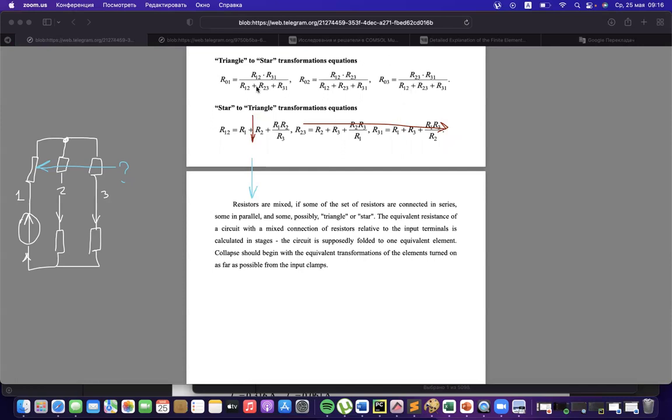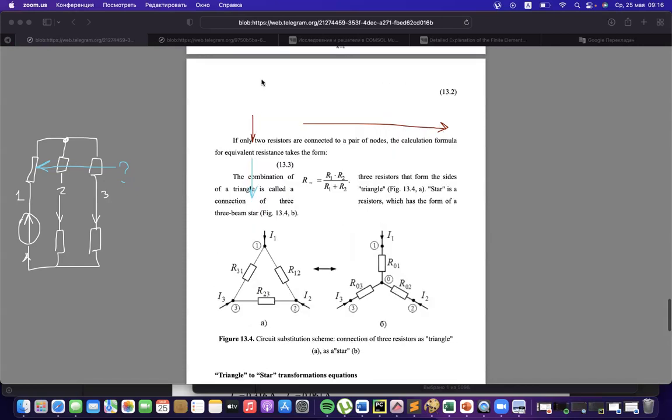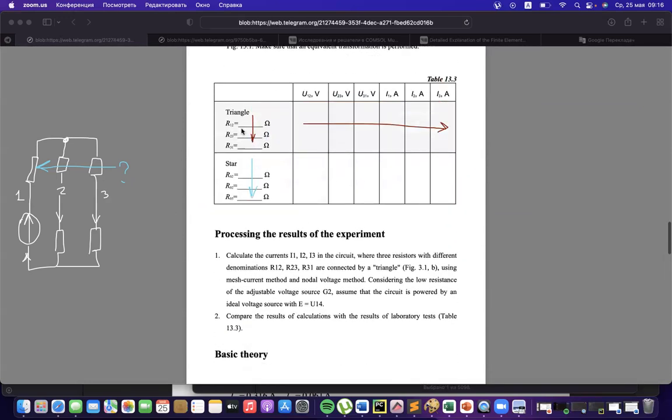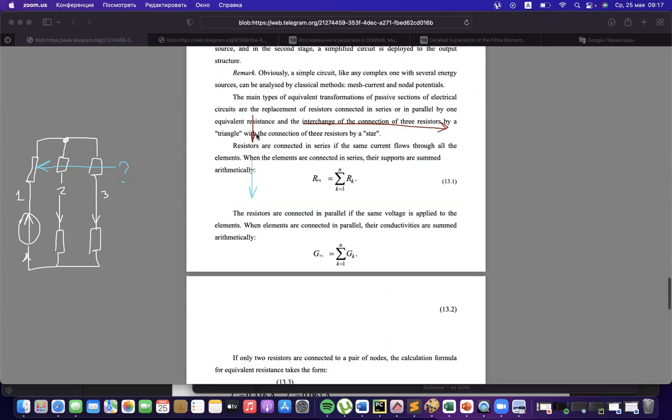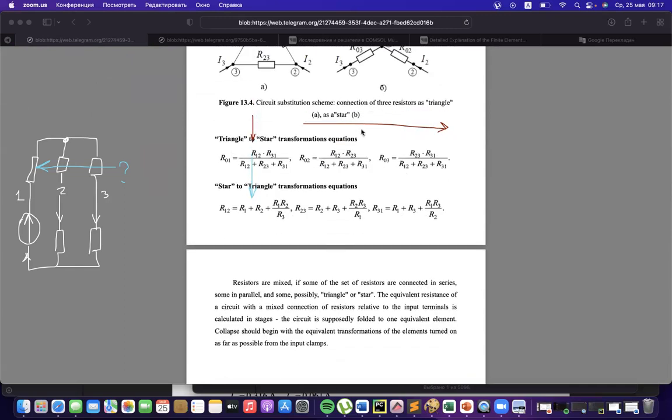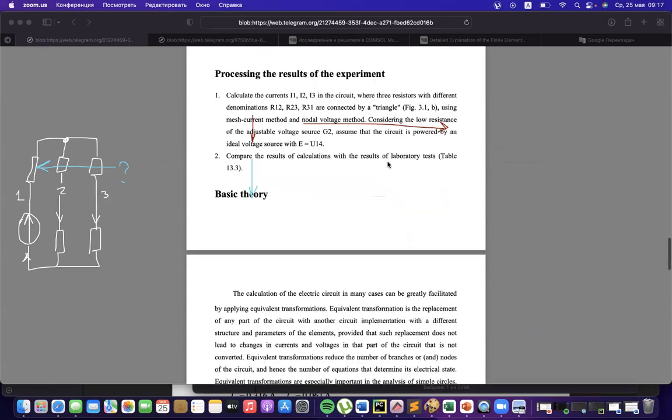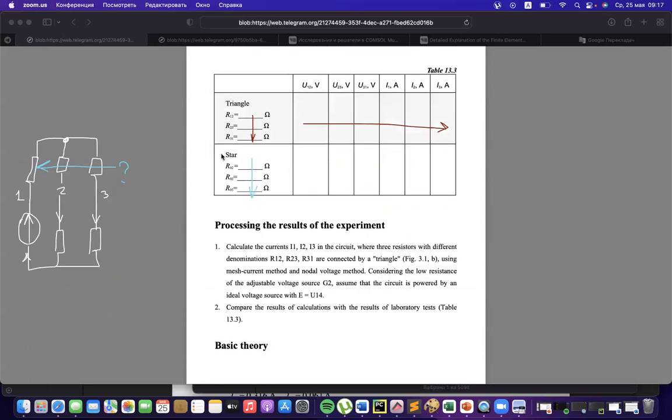Here is the first part of the formulas from triangle to the star, because firstly you have a triangle. You are putting these numbers, these 3 resistors, R12, R23, R31, in the first formulas, and obtaining R01, R02, R03, the values inside the star after the transformation, and fulfilling this column of the table.